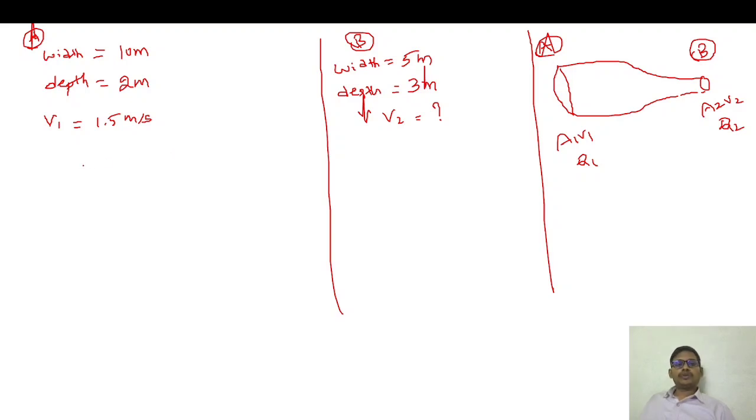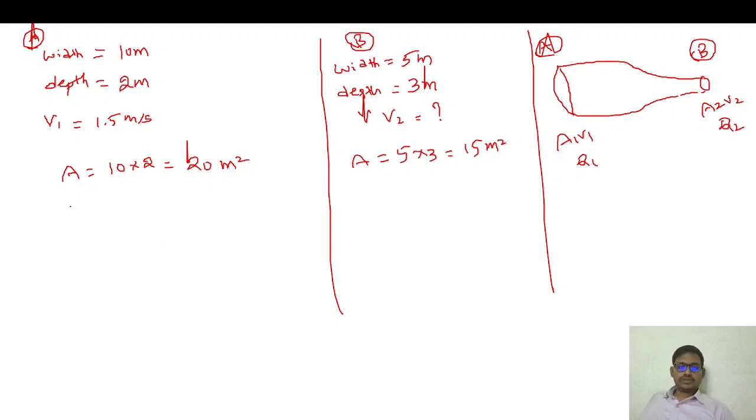As we know from the basic formula, A equal to width into depth. 10 into 2 equal to 20 meters square. Area equal to 5 into 3 equal to 15 meter square.